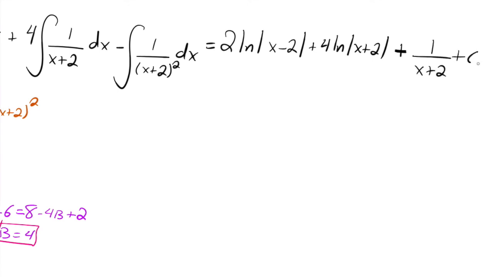And this is plus C. And if you're confused about that last one, remember what you do is you let u equal x plus 2, du equal dx. And if you do that, you get just that antiderivative right there. And that's it.